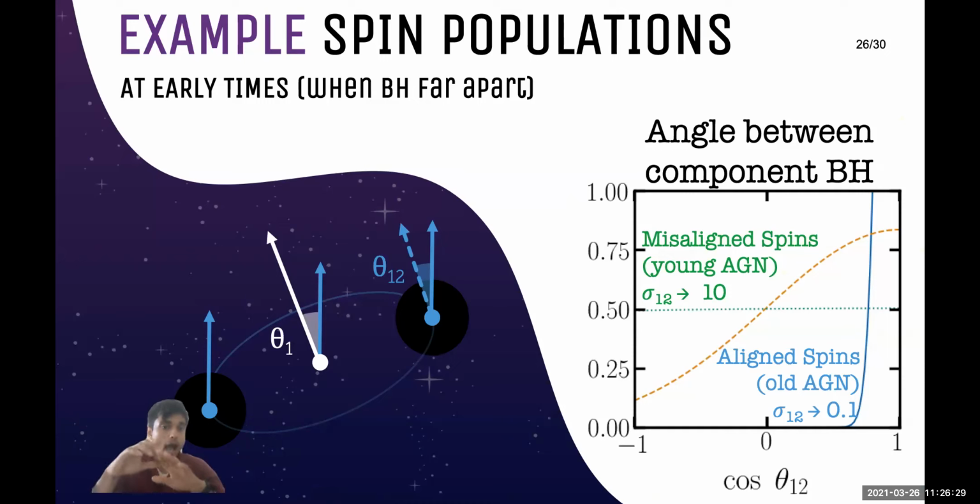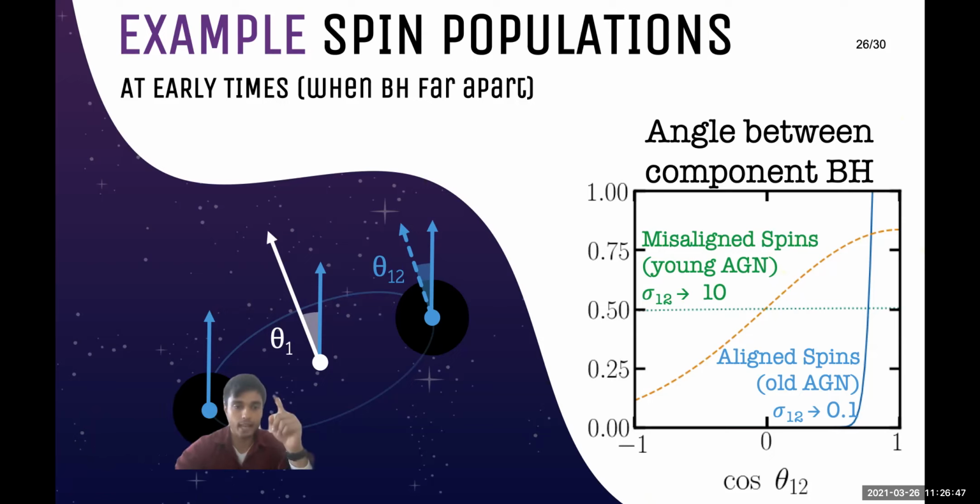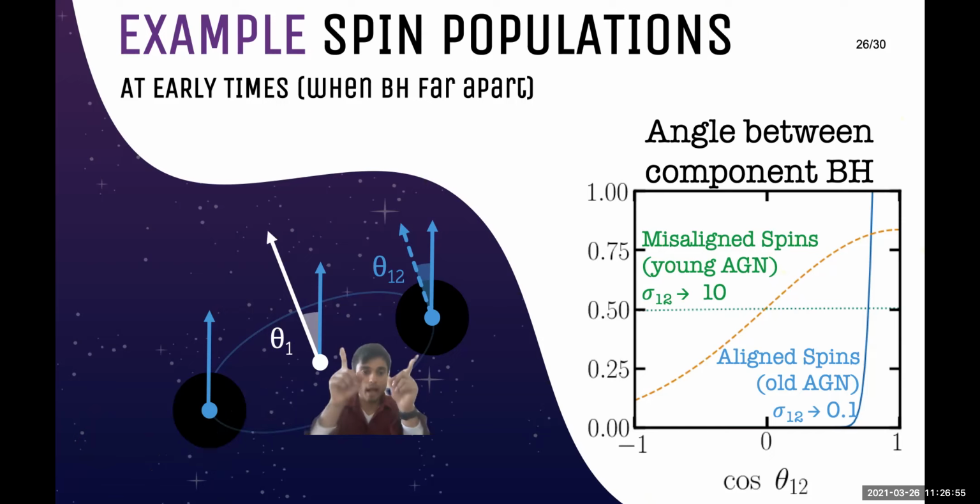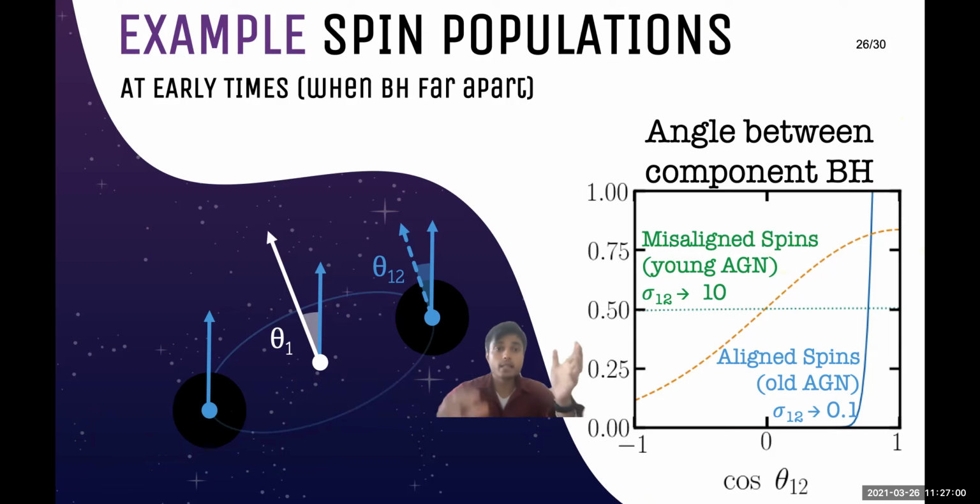And so at early times when these binaries are far apart still, we expect that we can study the population of the spins, and we basically need to keep track of two angles: the angle θ1, which is the angle between the orbital angular momentum and the primary component black hole spin, and θ12, which is the angle between the two black hole spins. And the plot on the right shows what the binary black hole spin distributions we might get from binary black hole systems from different AGNs.